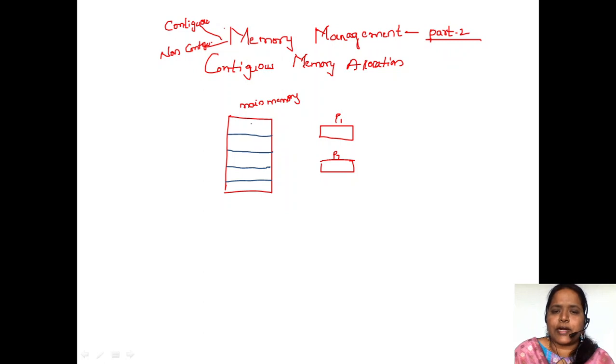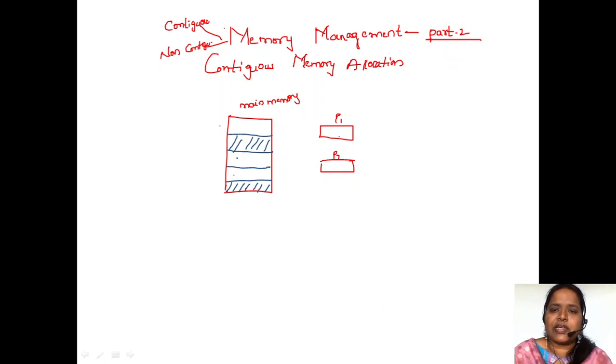In this partitioned memory we place the processes. Memory management keeps track of how many empty slots and how many full slots there are.